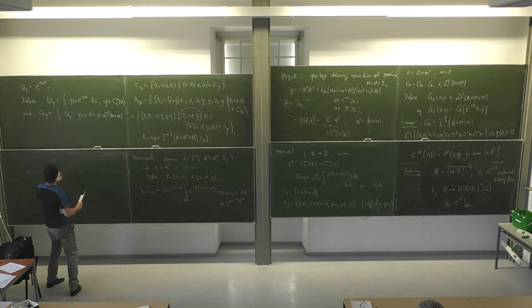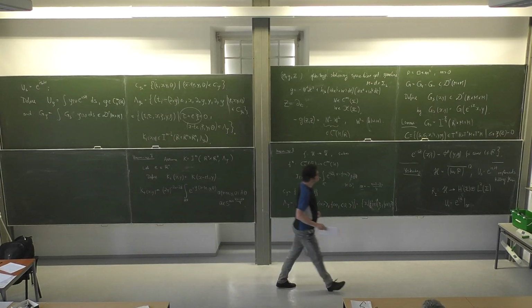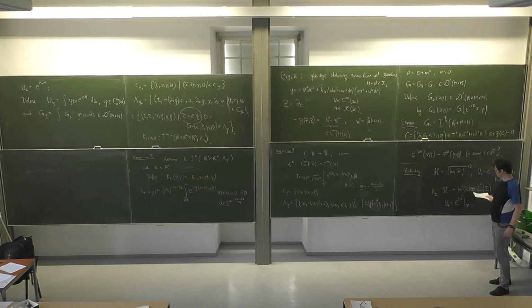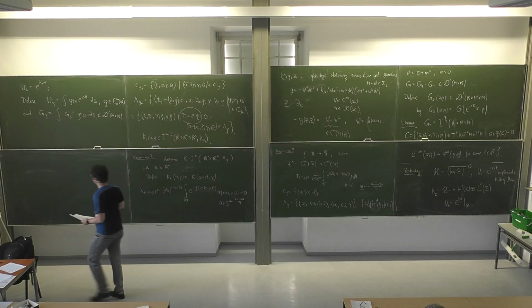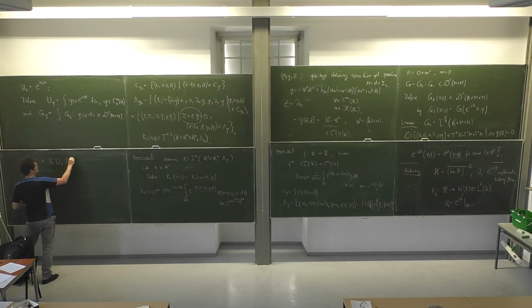Okay, so I have this unitary operator, but the Hilbert space is also isomorphic to this Cauchy data space. So I can actually use this R sigma to transport the unitary operator here. Let's do that for a moment. Let's define V_s equals R sigma U_s R sigma to the minus 1.